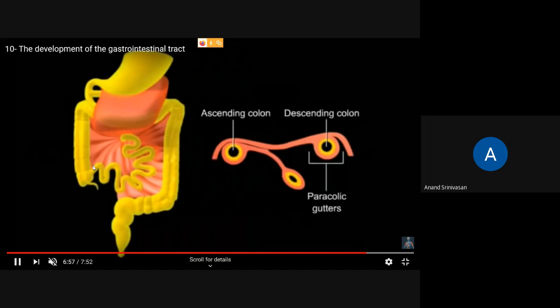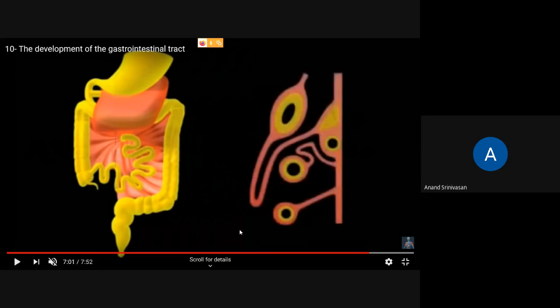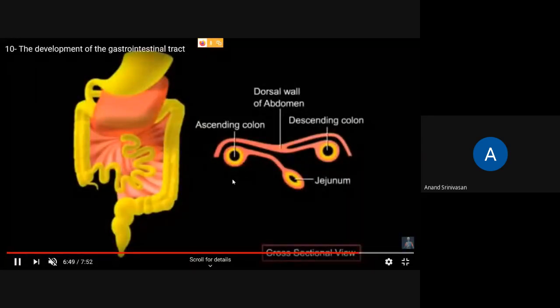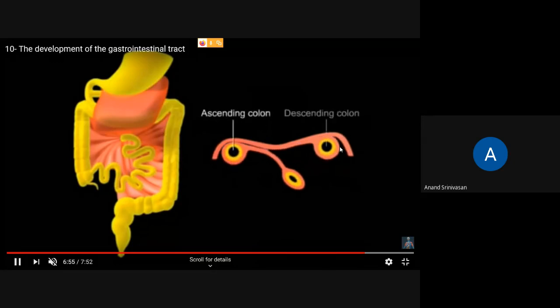Initially the ascending colon also has a mesentery, so they are intraperitoneal, but later because of the fusion they become retroperitoneal structures, both the ascending as well as the descending colons.